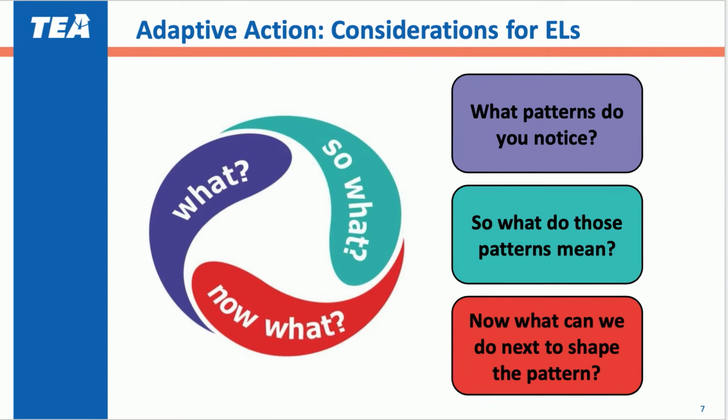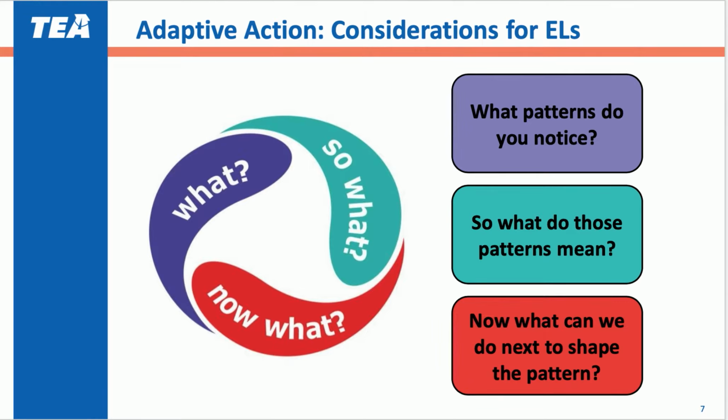Now that we have considered how the TICs address fluency, let's talk a little bit about the adaptive action cycle. While we work with fluency assessments and the children in our classrooms, we want to raise questions.